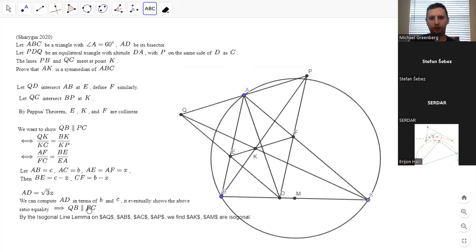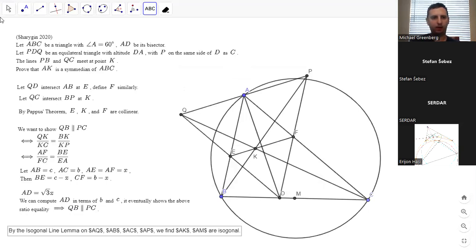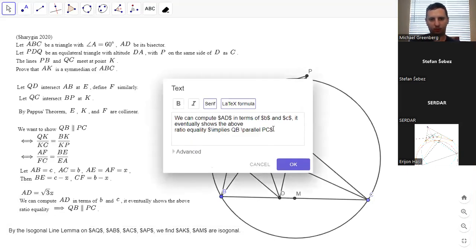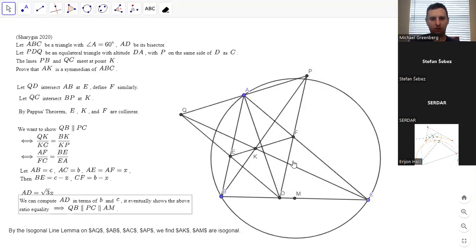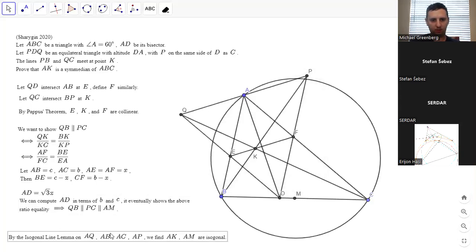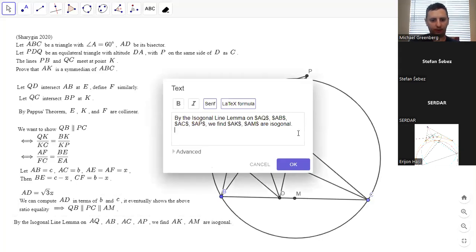So once we know that these are parallel, then obviously AM is parallel. So this implies AK is its median.